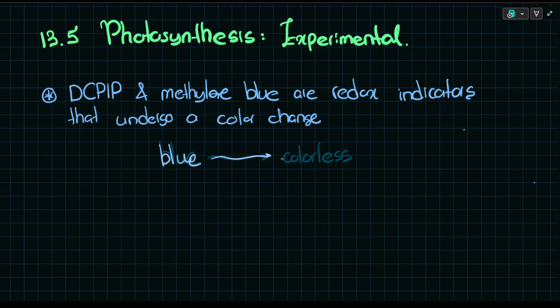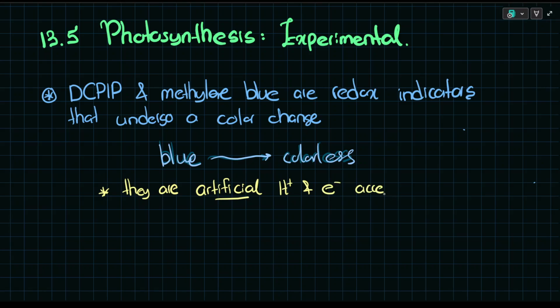Blue to colors. Now the thing is, these DCPIP and methylene blue compounds are artificial H plus and electron acceptors.